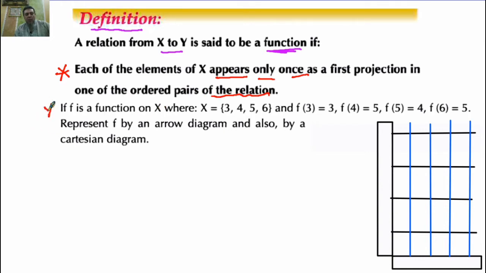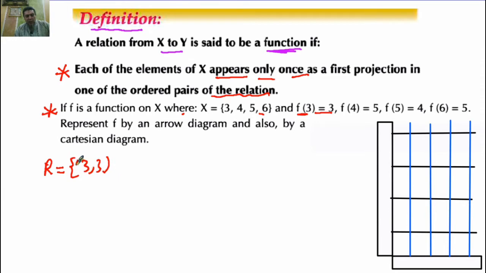For example, if f is a function on x, where the elements of x are 3, 4, 5, and 6, and f of 3 equals 3, then we can write the ordered pair 3 and 3.